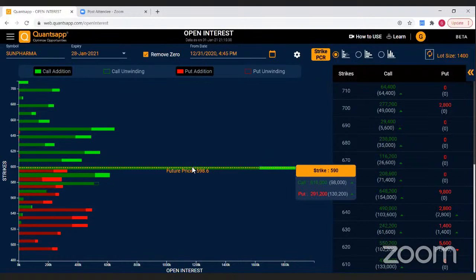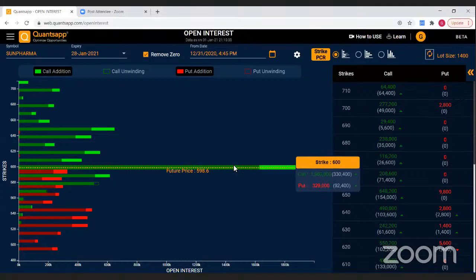We saw that Sun Pharma is trading near to its highest strike of 600. You can see at this level, the call is 19 lakh 60,000 shares, and the increase in the call option yesterday is around 3 lakh 30,400.